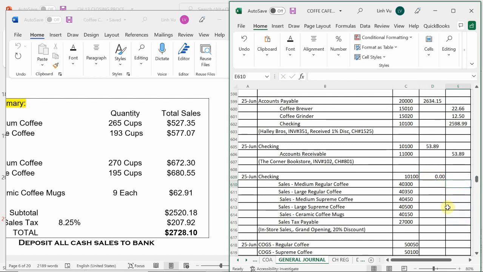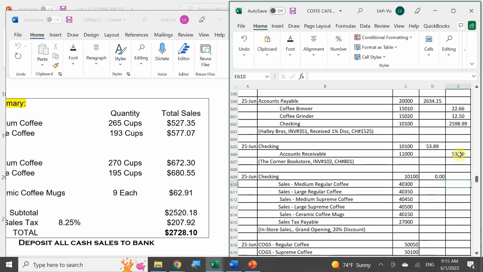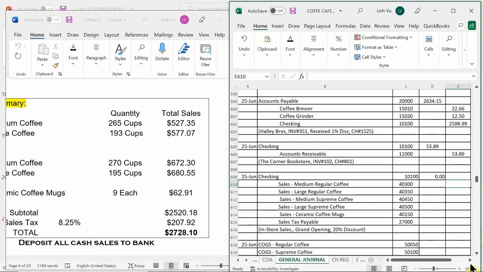Starting with the first one, my sales for the regular medium coffees, we sold 265 cups at a grand total of $527.35. We sold our large regular coffee, 193 cups, for $577.07.